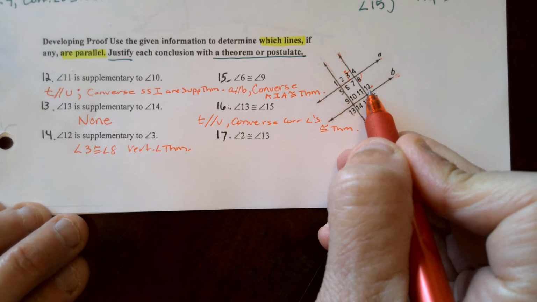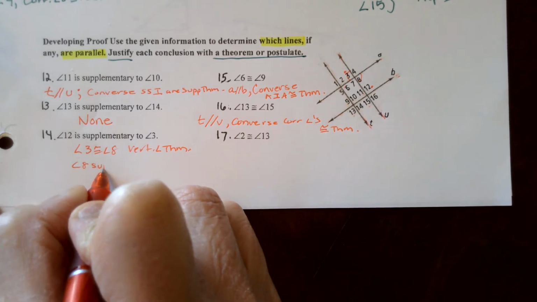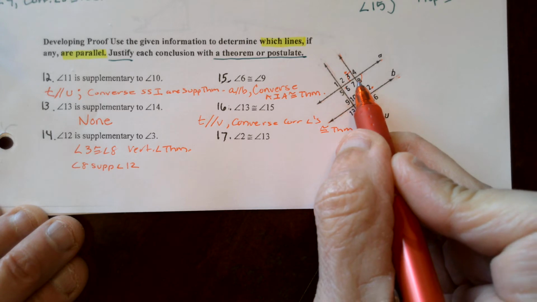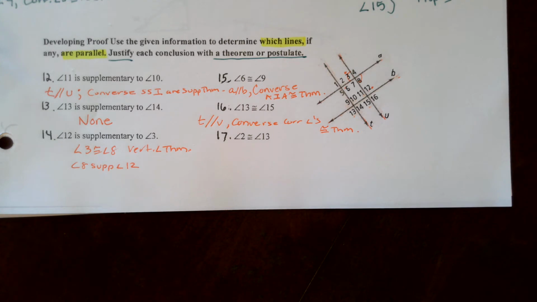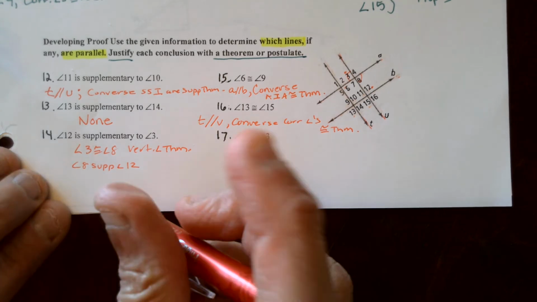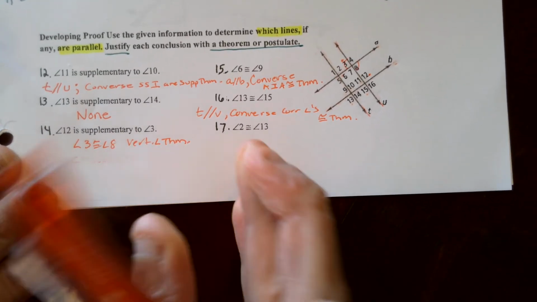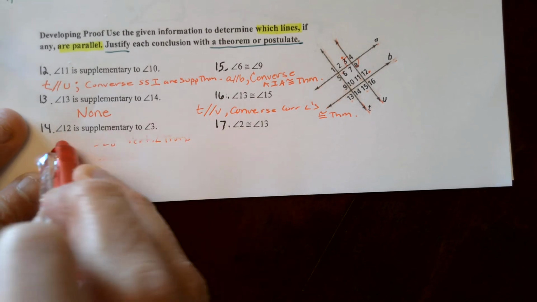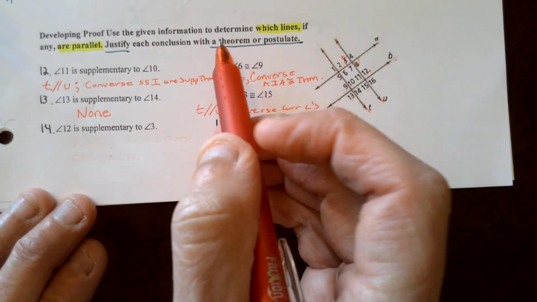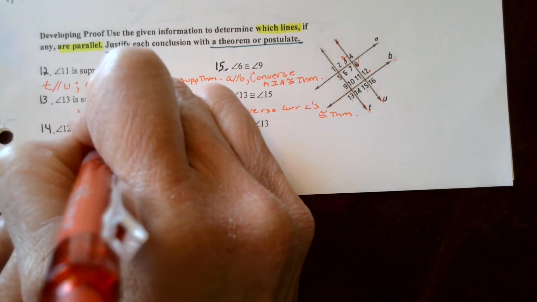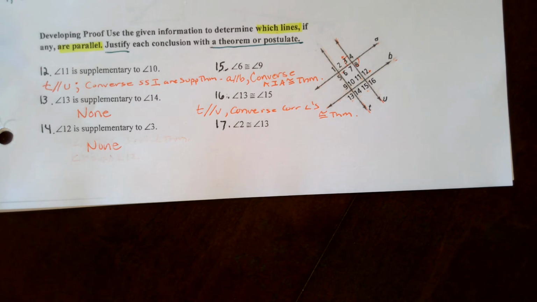And then you could say 8 is supplementary to 12 by the same side interior. Oh, no, you can't. Yeah, we'd have to assume. No, no, no, no, no. That is incorrect. I am wrong. Because then when we write that, we are assuming they are parallel. This would be a none. I was going to say we could almost do it with a couple steps, although here it says with a theorem, so that would mean one. You're going to write none.